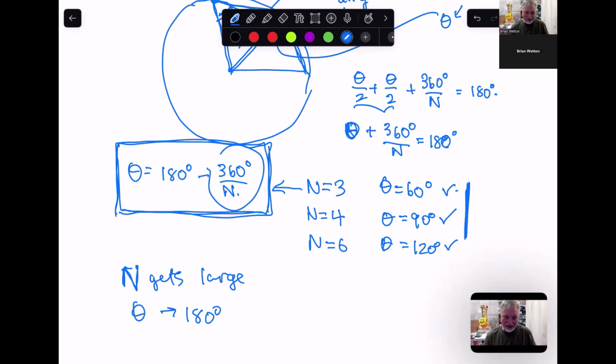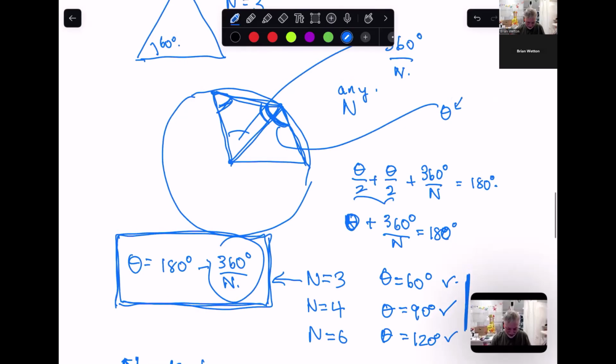If you have had any calculus or are destined to have some calculus in your future, this is a limit process. You're looking at the limit as n goes to infinity, and in that limit, this interior angle goes to 180 degrees.